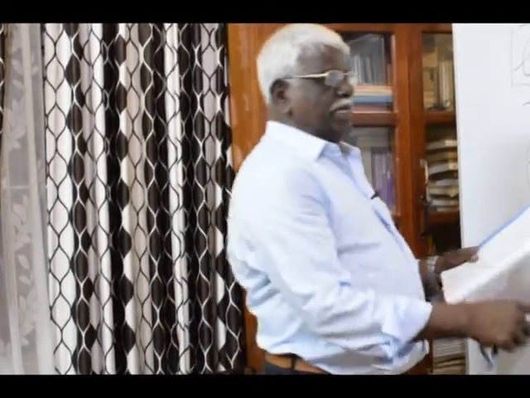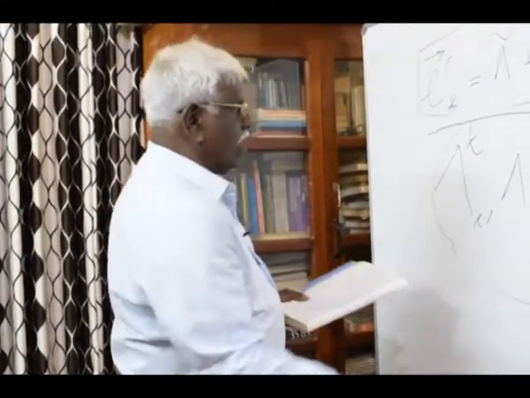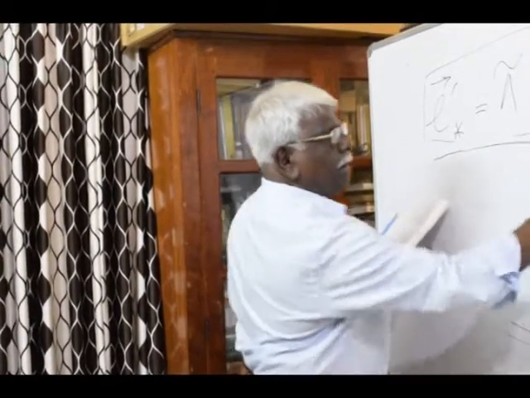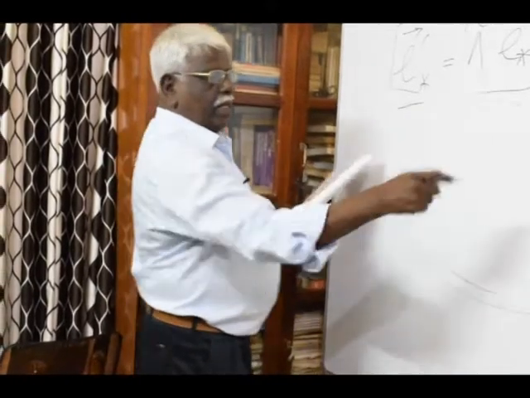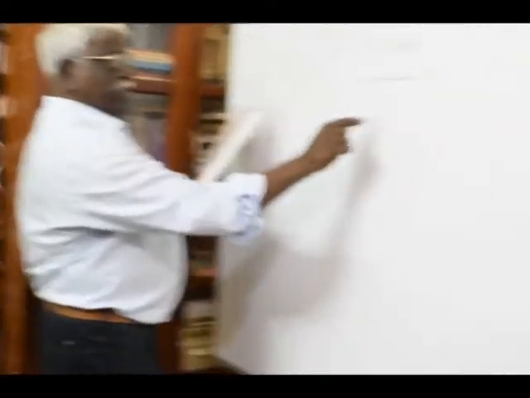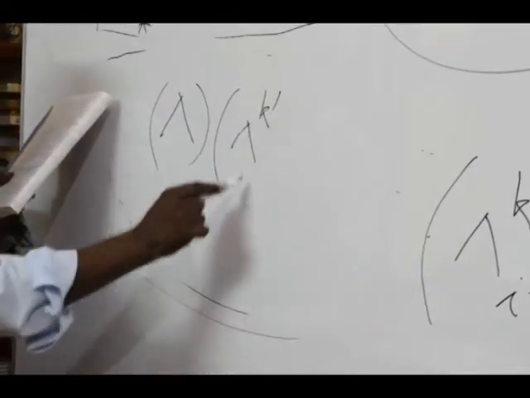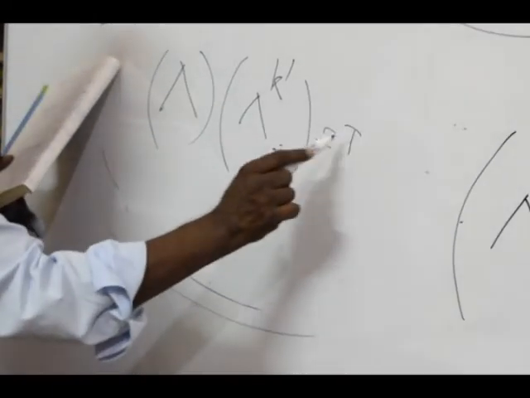And this is nothing but matrix lambda into matrix lambda k dash j equals the identity matrix.